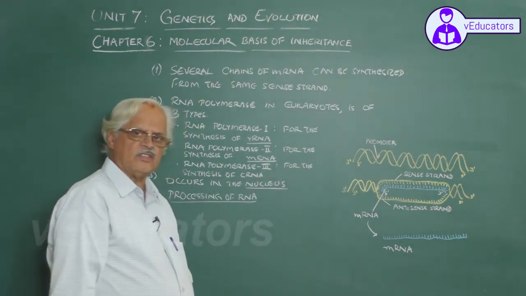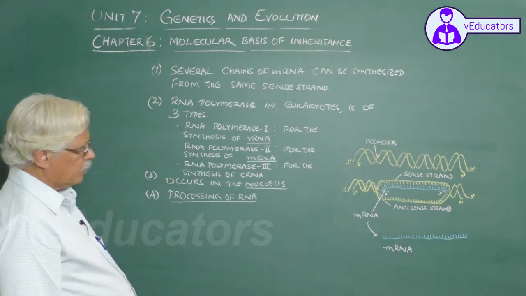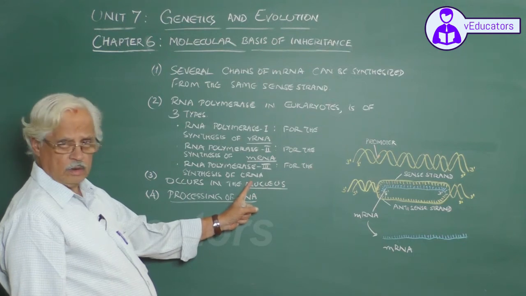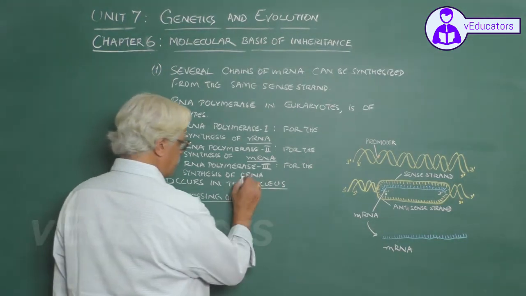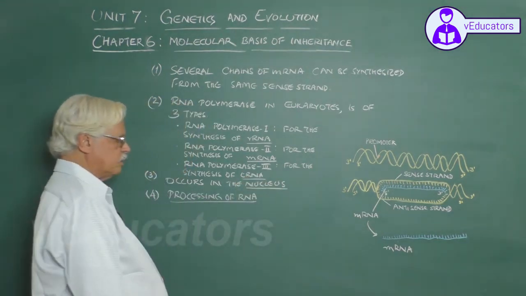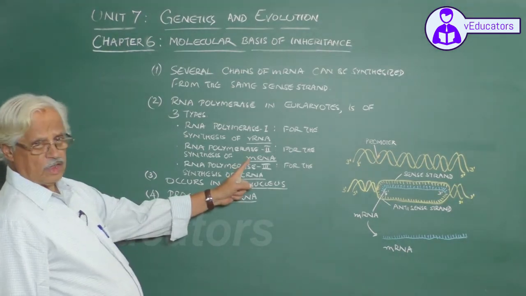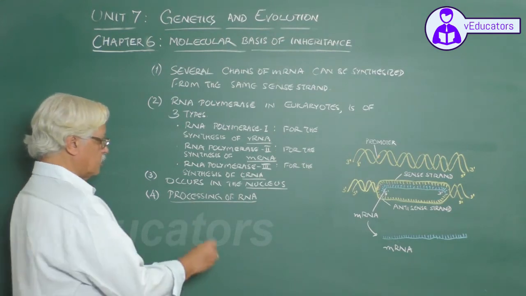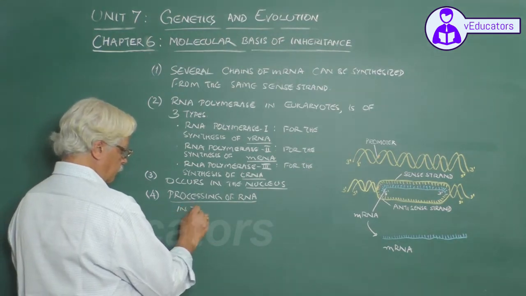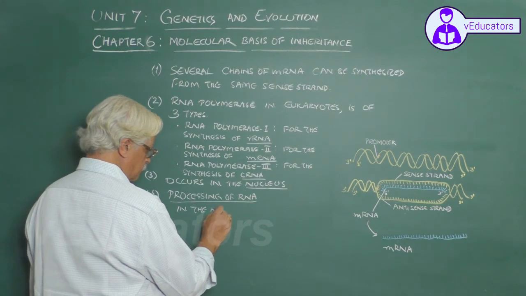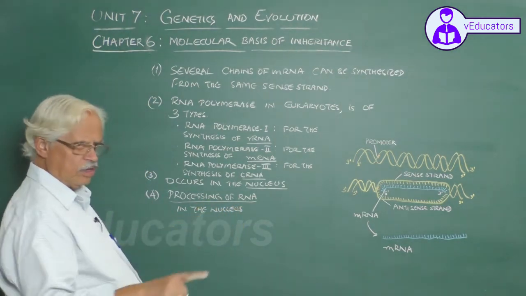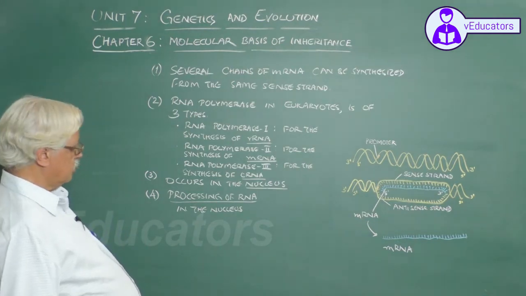The RNA that is synthesized like this, it may be ribosomal RNA, it may be messenger RNA, it may be transfer RNA. Most often messenger RNA is subjected to a processing in the nucleus before messenger RNA is released into cytoplasm.